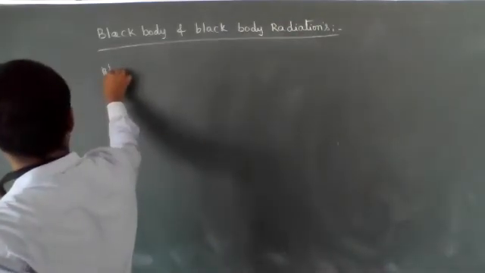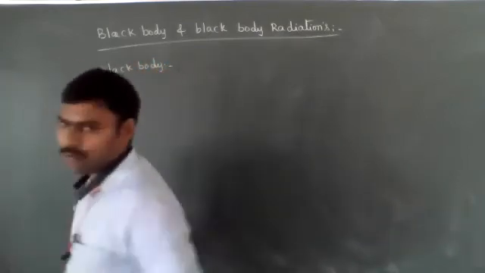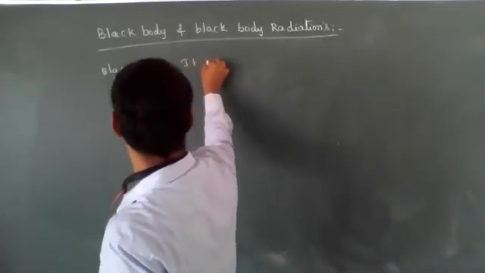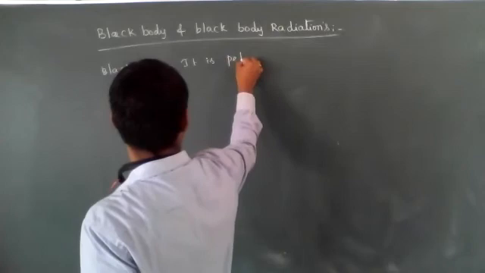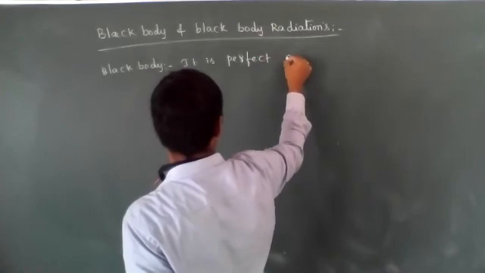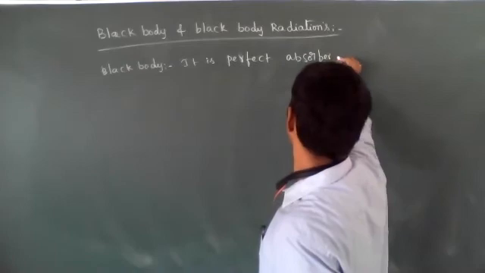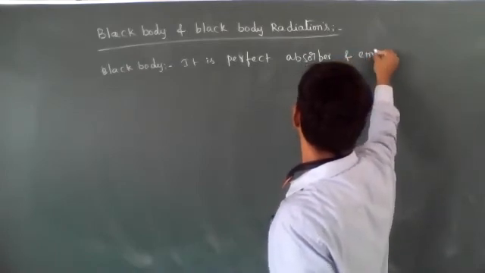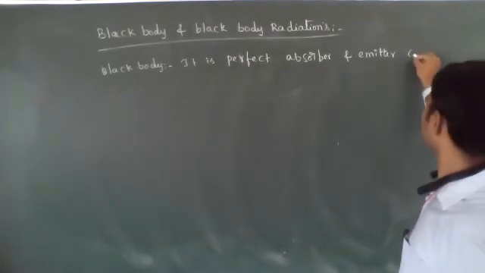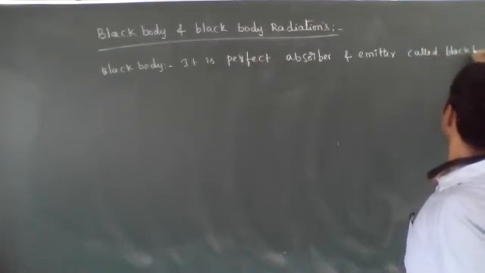Black body means a perfect absorber and emitter. A perfect absorber and emitter is called a black body.